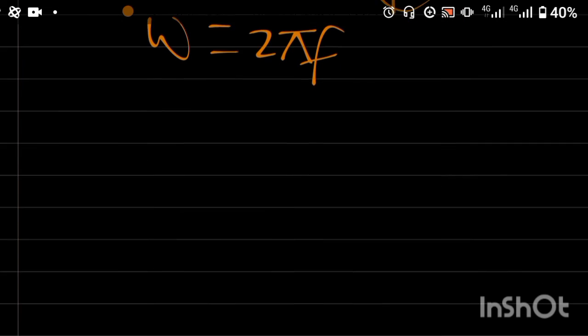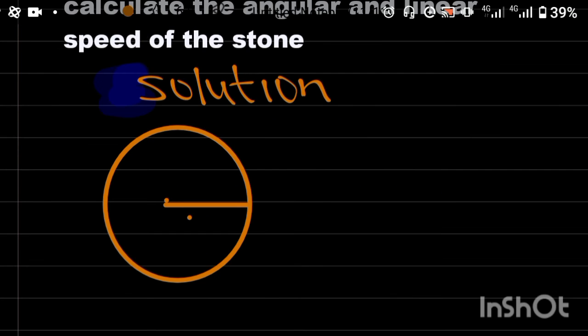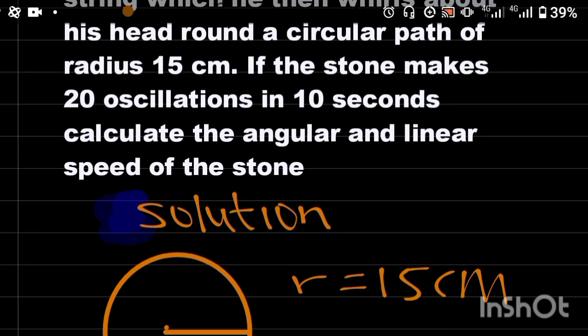Let's take an example. A boy ties a stone to the end of a string, which he then winds about his head around a circular path of radius 15 cm. If the stone makes 20 oscillations in 10 seconds, calculate the angular and linear speed of the stone. The radius r is equal to 15 centimeters.